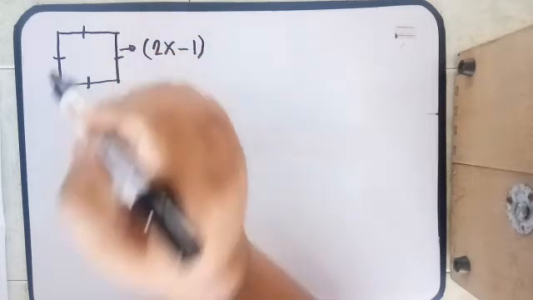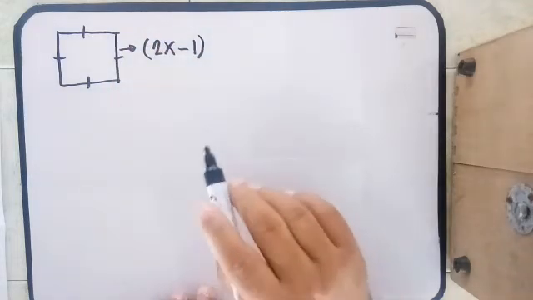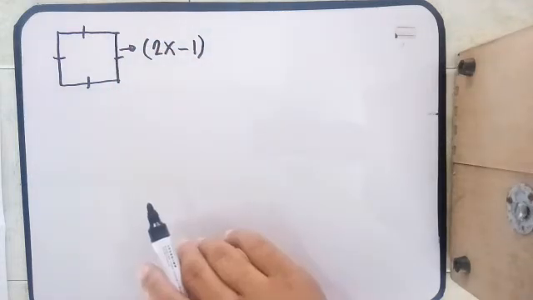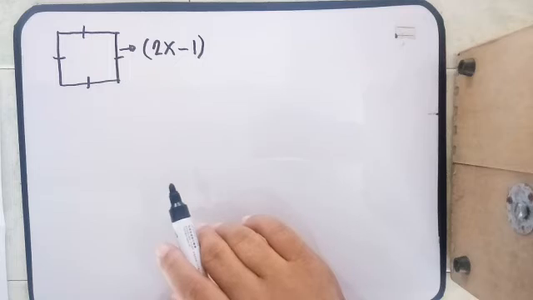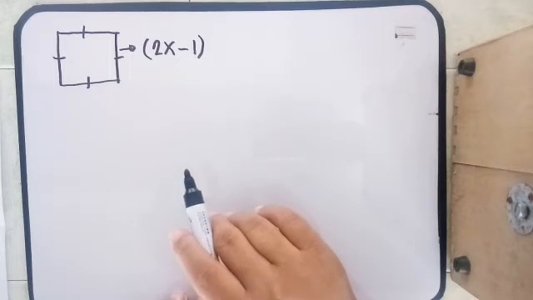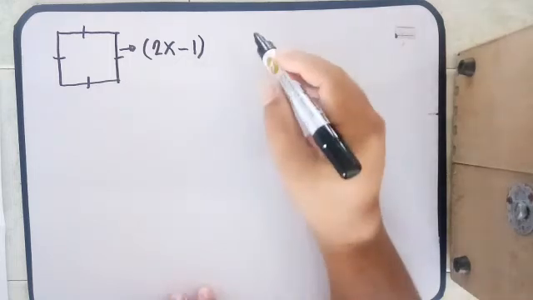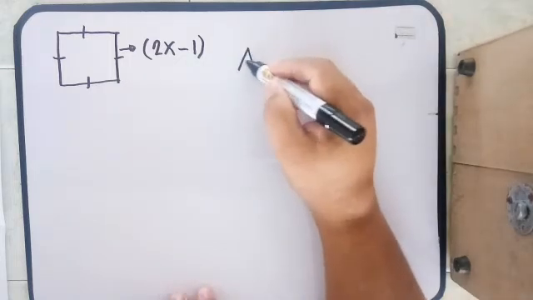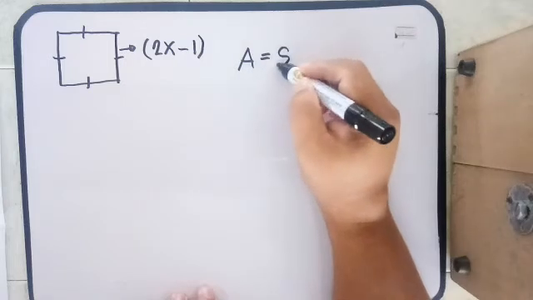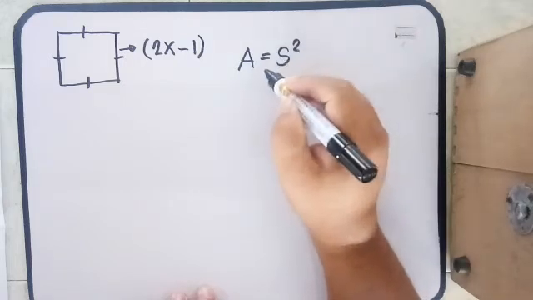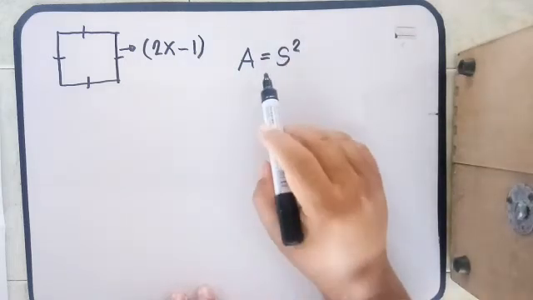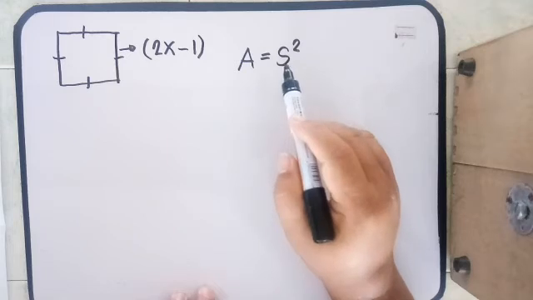And we also know from our previous mathematics, especially in our elementary days, that in finding the area of a square, we're going to use this formula: area is equal to s squared.